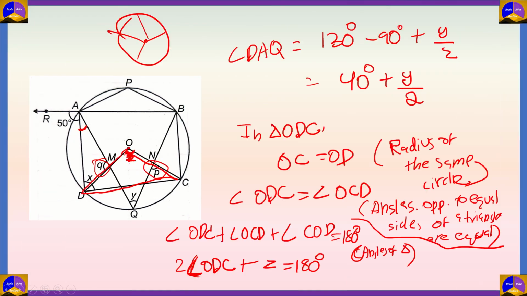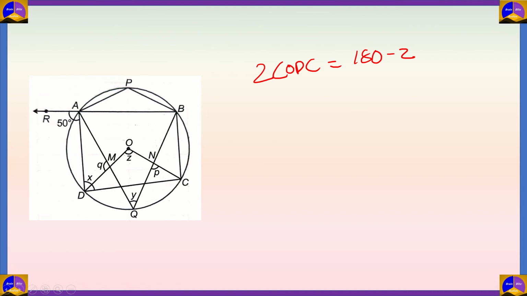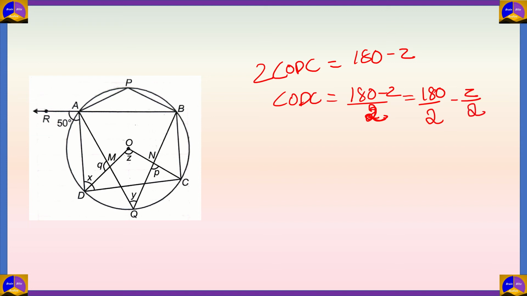Now, if we are to solve this, we get 2ODC is equal to 180 minus Z. ODC would equal (180 minus Z) divided by 2, which is equal to 180 by 2 minus Z by 2, which we get as 90 minus Z by 2.